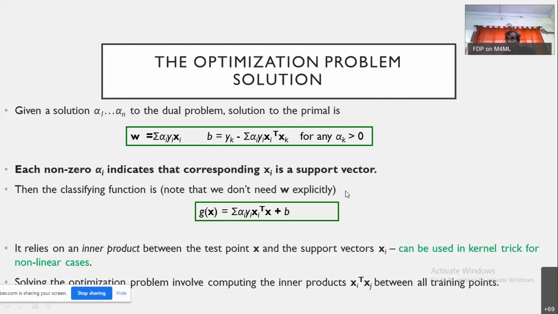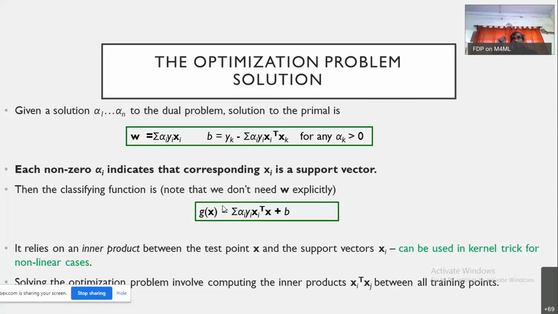Determination of the support vectors is very simple using this Lagrange multiplier, and determination of the classifier is also very simple like this. So this is my classifier, where you can see that you do not need the weight values directly. What you need is the dot product or inner product of certain vectors. You need the inner product of the support vectors and the unknown test pattern. So you do not need a whole W.